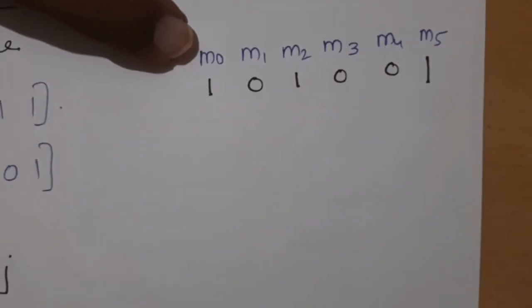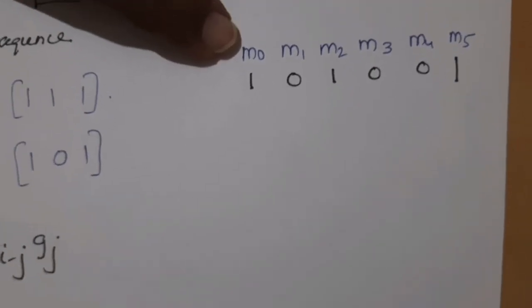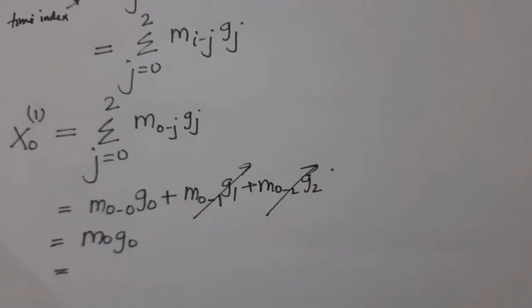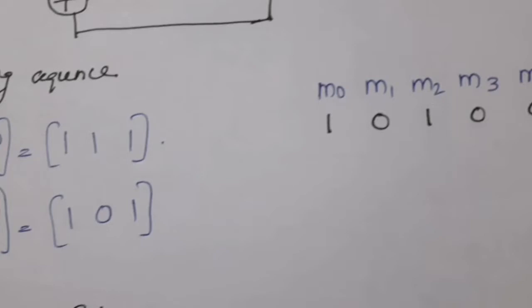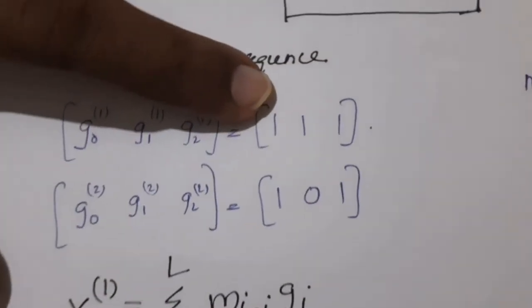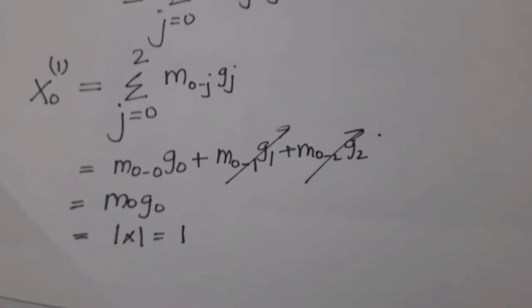So these quantities are not there, and this will be equal to m0 g0. m0 is 1 and g0 of 1 is 1. So 1 into 1 equal to 1.